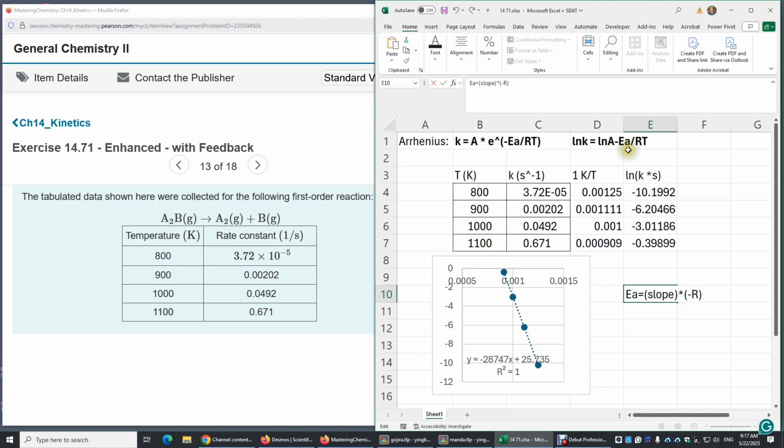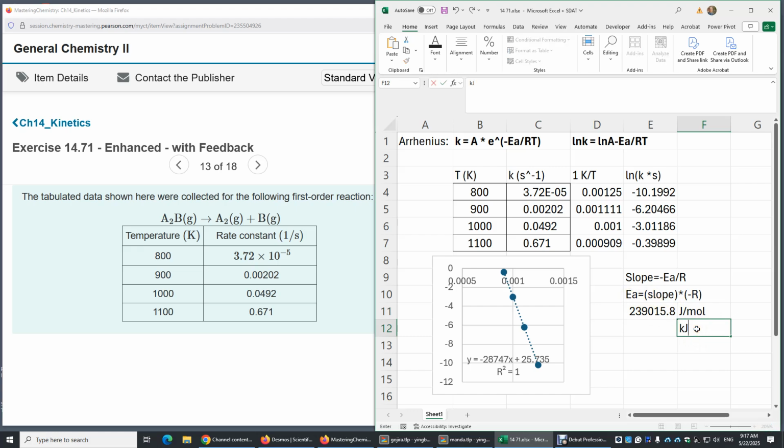Why is that? Because by looking at this equation, you realize the slope is actually negative EA over R, the gas constant. From this equation you get this equation. And now we have the slope. The slope is negative 28747, and multiplied by negative R. We'll get this in joule per mole, because the gas constant is 8.31446 joule per mole Kelvin.